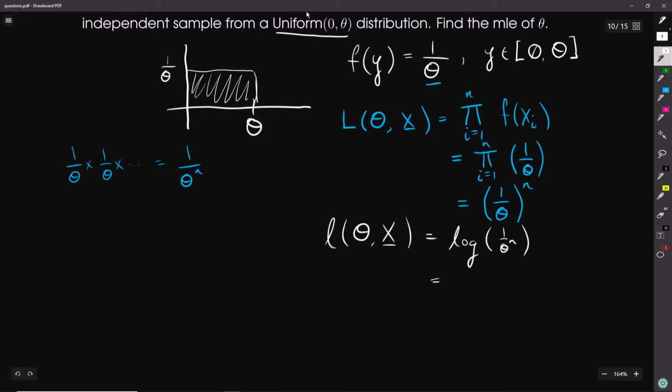Remember that if we divide things, that's a subtraction in the logs. So that's the log of 1 minus the log of theta to the n. Now the log of 1 is always 0, so we're just left with minus log theta to the n, and we can bring down that n out front. So that's minus n log theta.